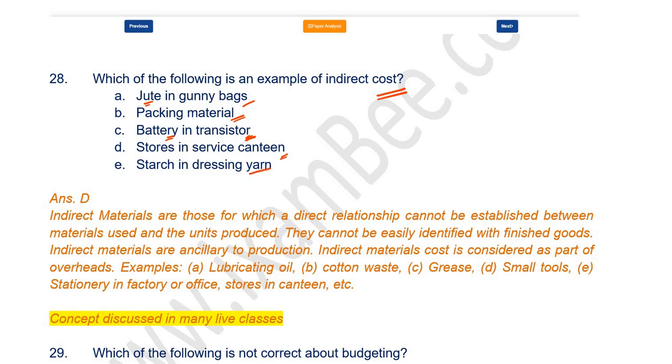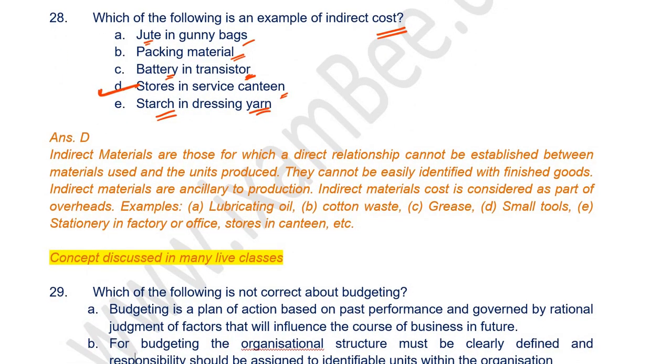Dressing yarn you can call the yarns or cloths that are used for medical purposes. When starch is added to it, it increases its strength and stretchiness, and therefore I think this will be a direct cost and not an indirect cost. So the closest option here is stores in the service canteen.